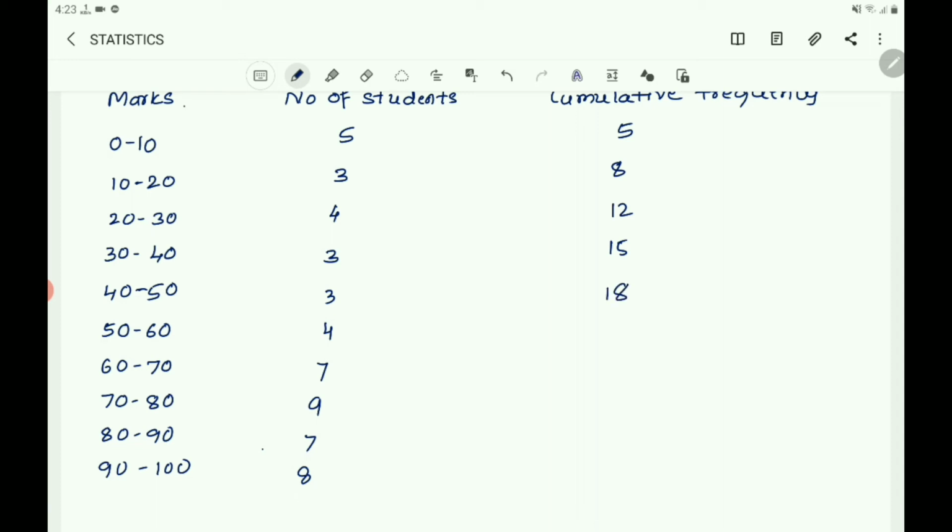Next cumulative frequency is 18 plus 4, that is 22. Next cumulative frequency is 22 plus 7, 29. Next cumulative frequency is 29 plus 9, 38. Next cumulative frequency is 38 plus 7, that is 45.